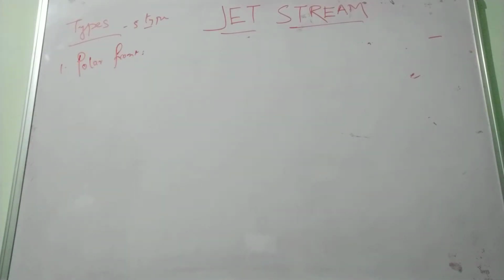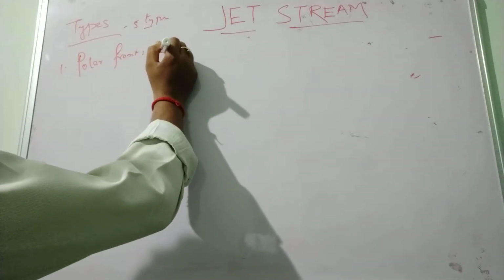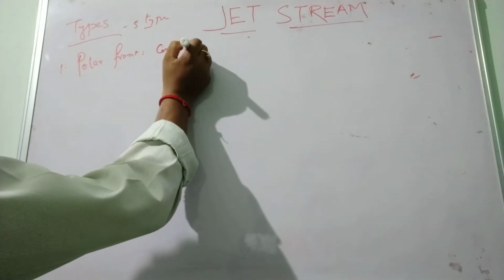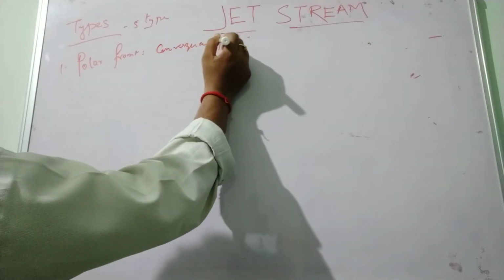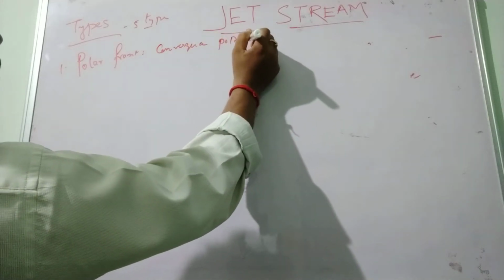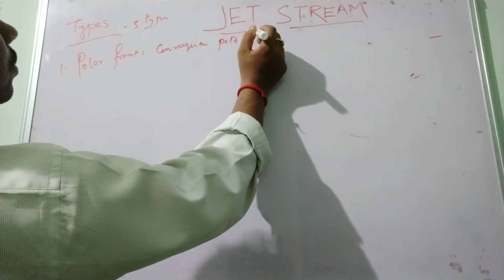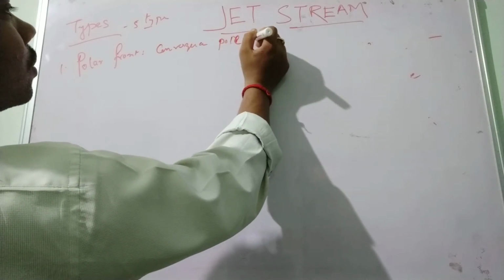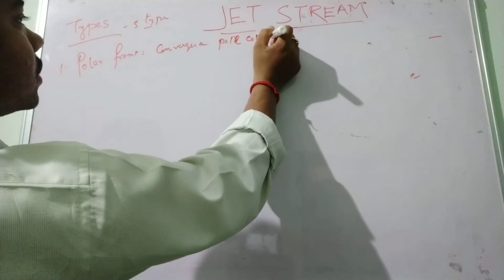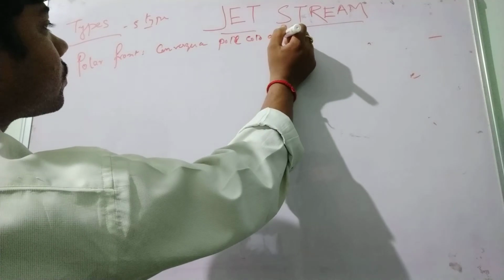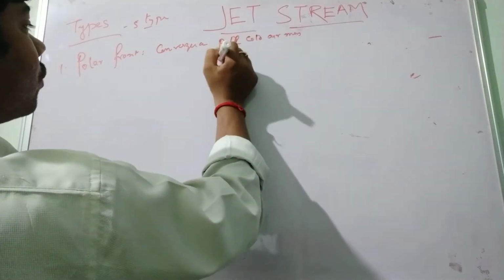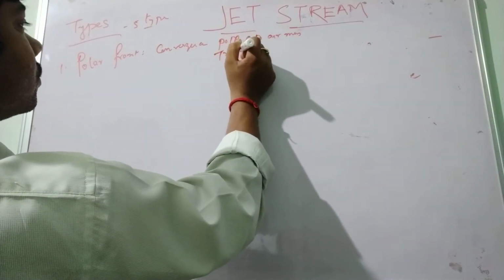These are formed at the convergence zone of the cold polar air mass and the tropical warm air mass.